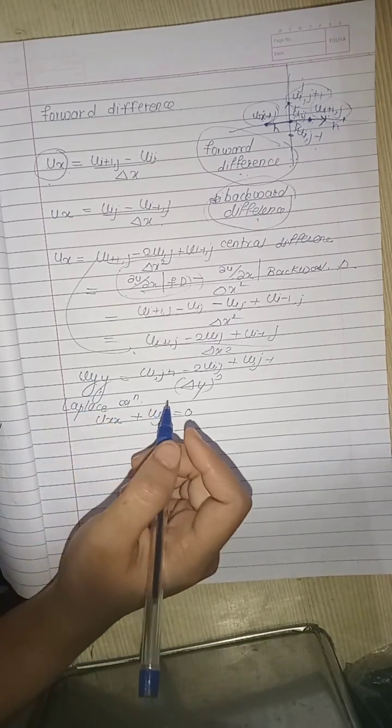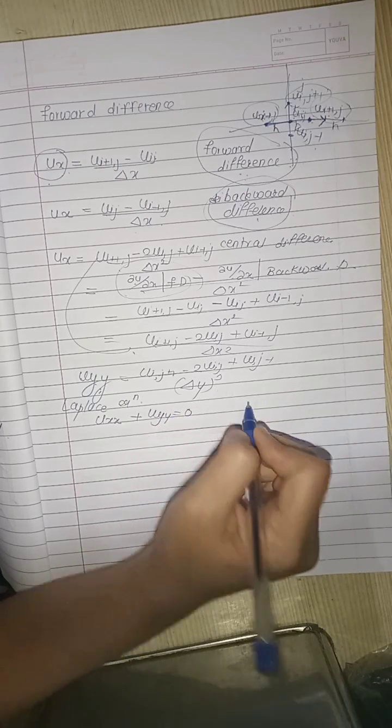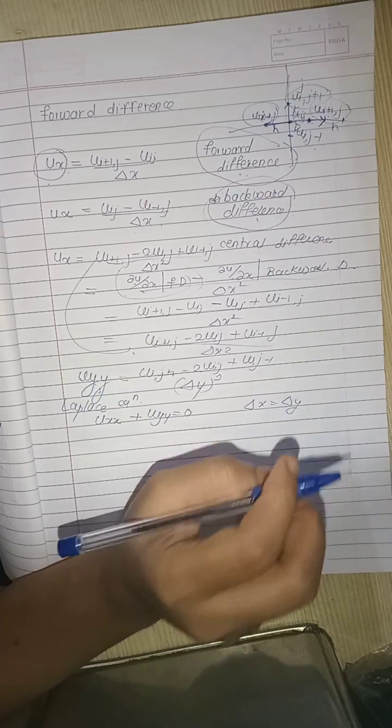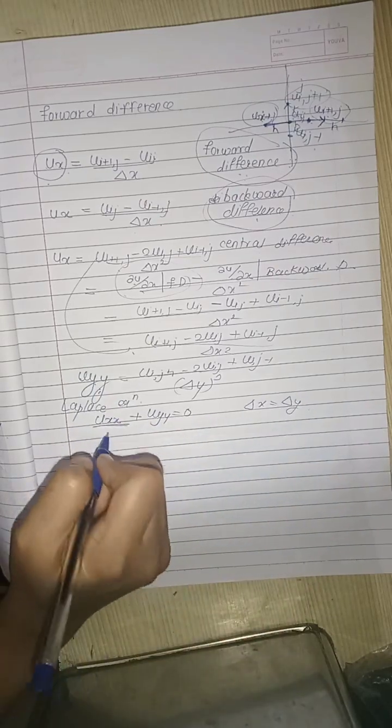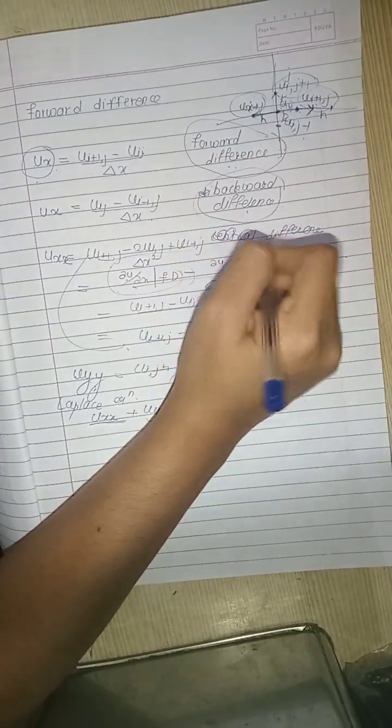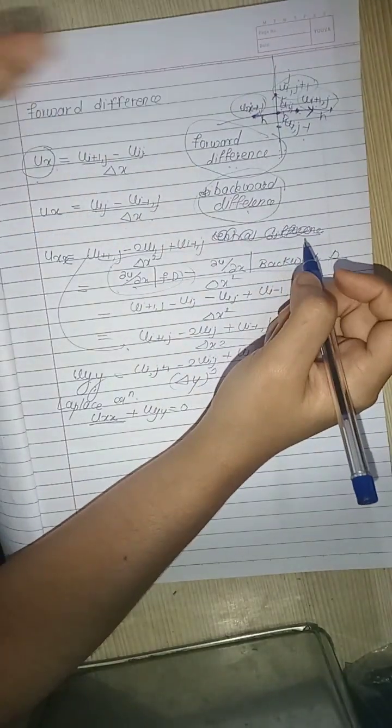So now if you consider one condition, that Δx equals Δy, then you will get u_xx. Sorry, so this was for u_xx, not for central difference.